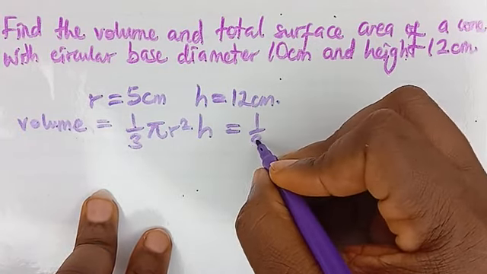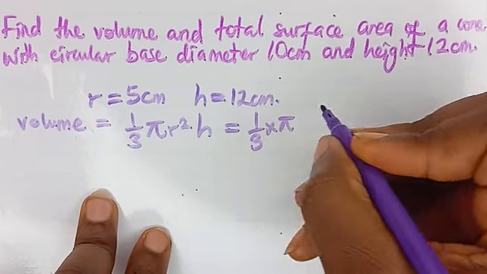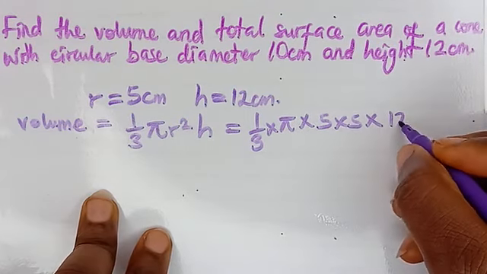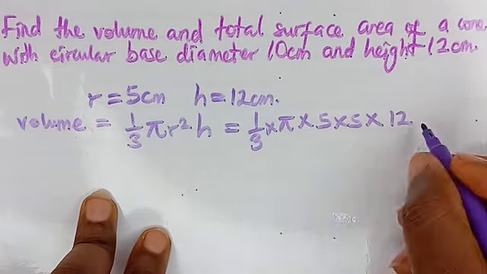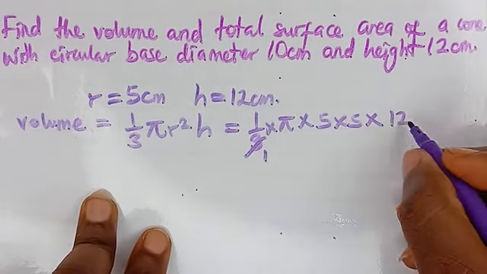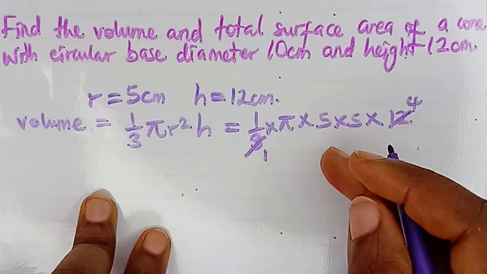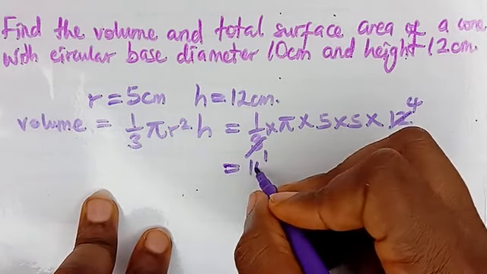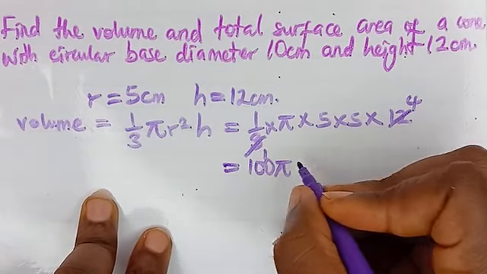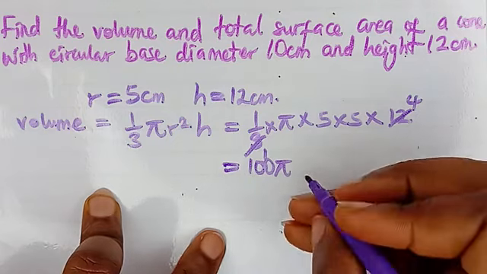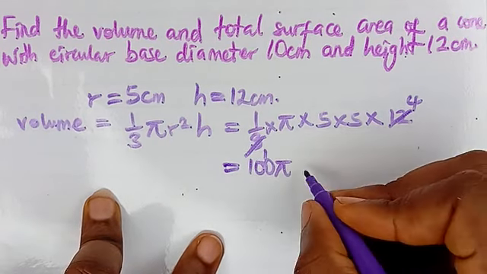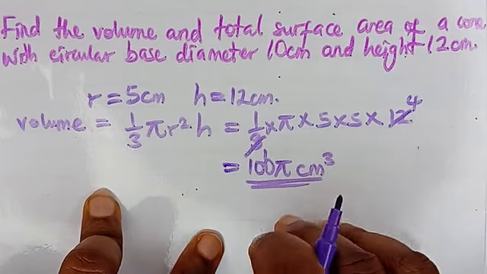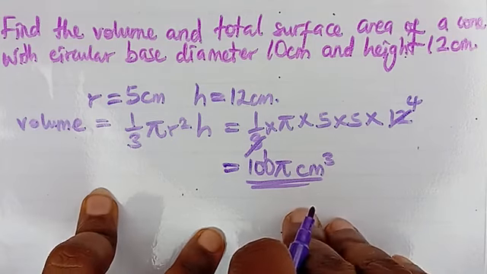We have 1/3 times pi times r, which is 5 times 5, times height, which is 12. 3 can go into 12, we have 4. 4 times 5 is 20. 20 times 5 is 100. And remember, we left our answers in terms of pi. So 100 pi, since it is volume, is in cm cubed. So 100 pi cm cubed, that is the volume.